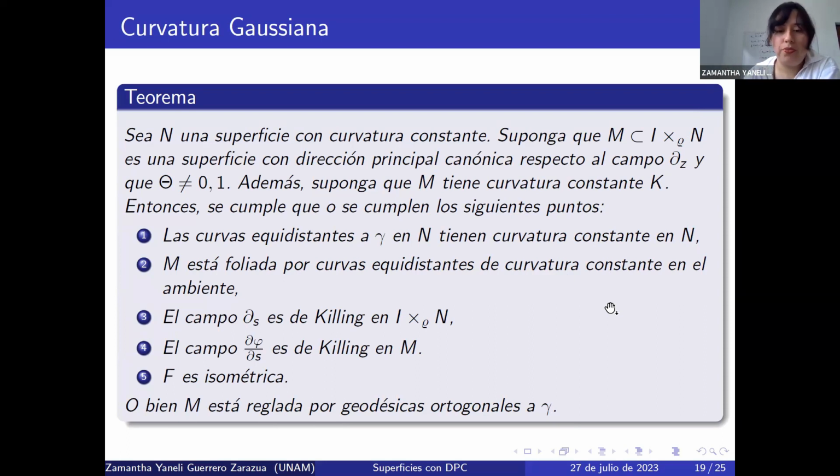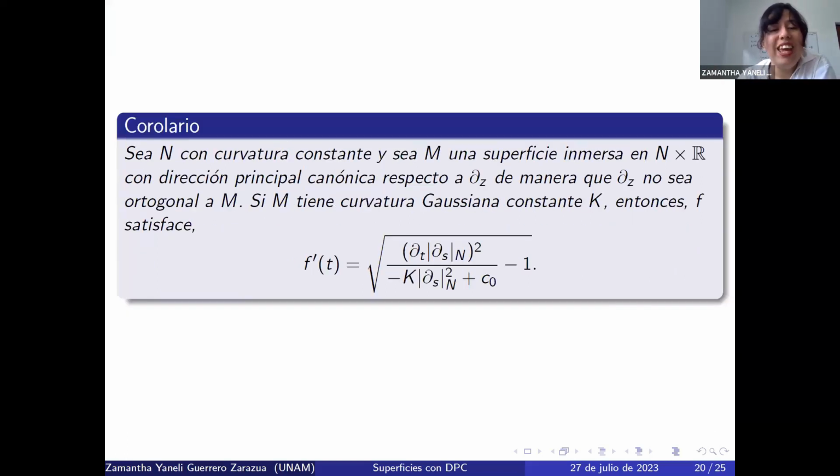Okay, so these are our two possibilities. Good. If further we also assume that we're not in a warped product and we're just in a product space, then we can actually give an explicit parameterization for that surface given a certain initial curve.